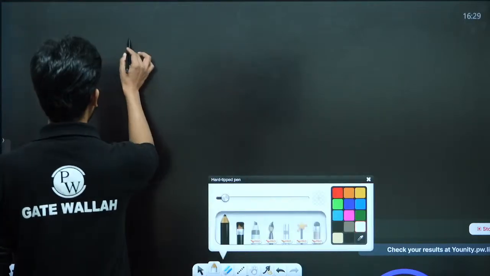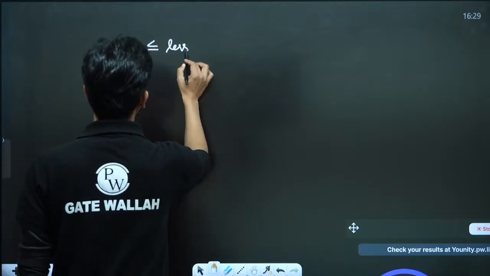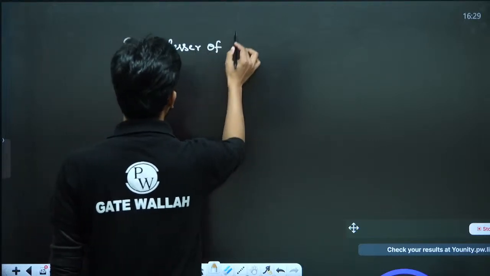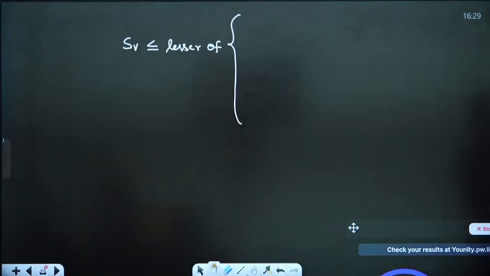So for the spacing, we have some formulas. Spacing should be less than or equal to the lesser of these things. What are these? Let's see.